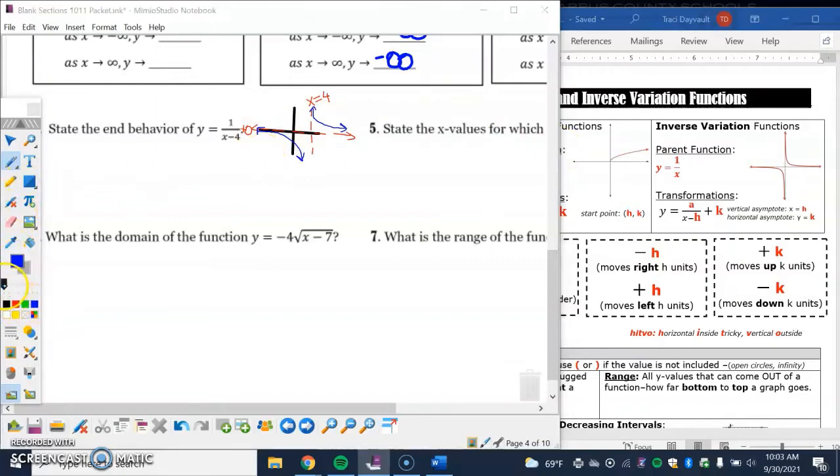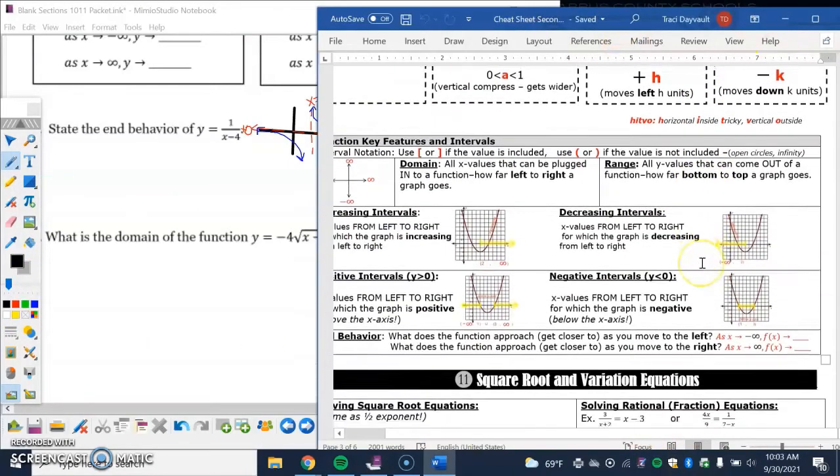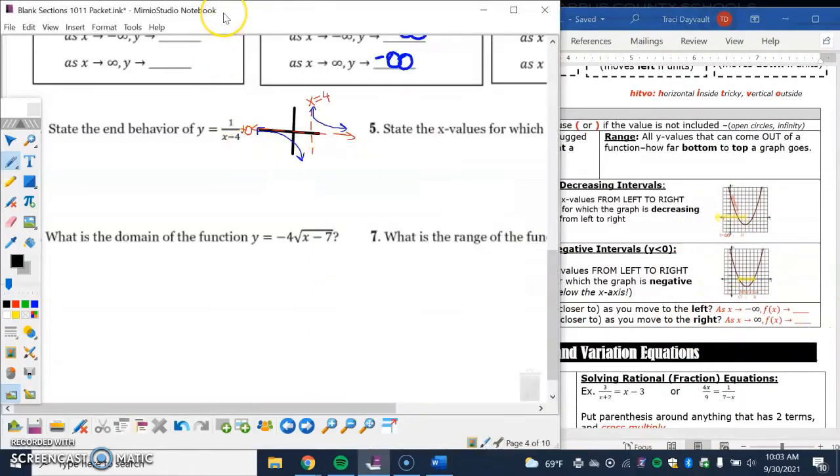Anytime it says state the end behavior, we're just going to copy down what this tells us to do for the end behavior. We'll just copy this down right here. The first part of the end behavior is going to be as x approaches, that's what that arrow means, negative infinity. That's another way of saying as you move to the left. As x approaches negative infinity, y approaches something.